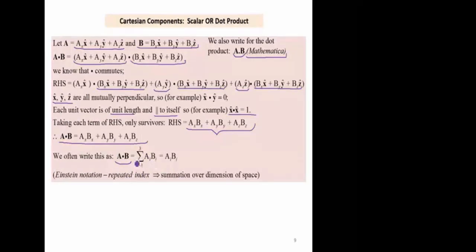Given that notation, the idea is that if you have a repeated index, you can write it as this simple relation here, which means to sum the products. But if you have this repeated index, then you sum over the dimension of the space. For 3 dimensions, this is 3, and if you had done it in 2 dimensions, then it would only be a 2. We use this summation rule all the time. Einstein once said that it was one of his best inventions in his lifetime.